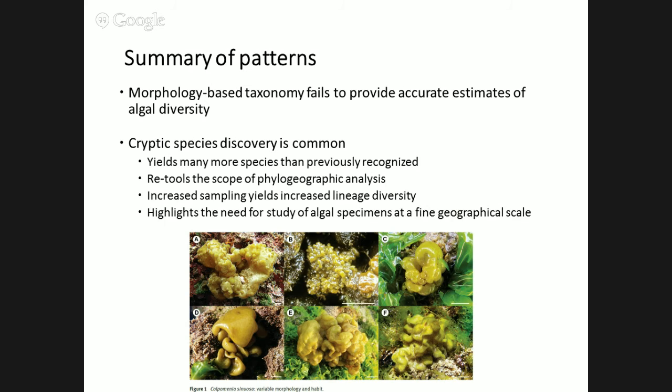We know at this point that morphology-based taxonomy is failing to provide accurate estimates of algal biodiversity. This is something that phycologists, or people who study algae, have been slowly recognizing and acknowledging over the last decade or so, that we cannot rely solely on taxonomic keys. We cannot only sit at the microscope. We cannot only use the guidebooks that take us out and try to identify things in the field.